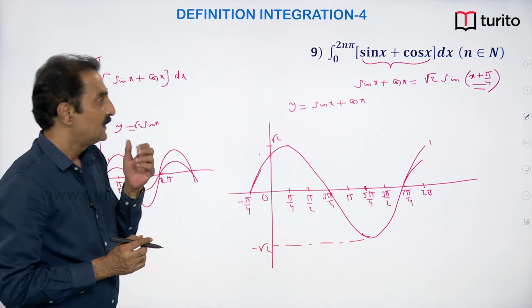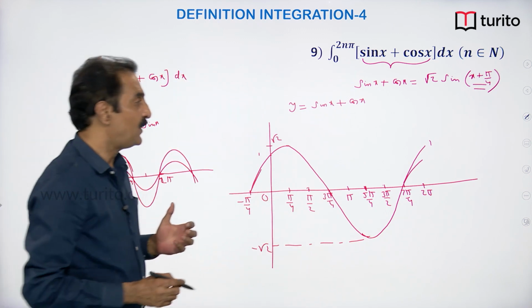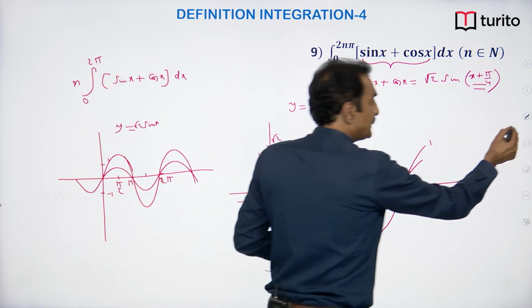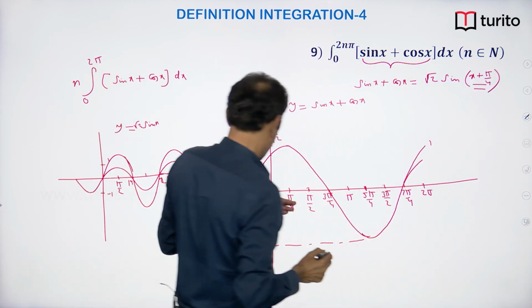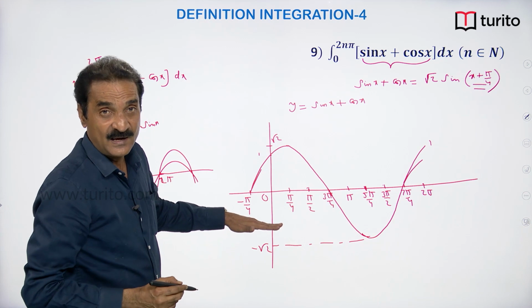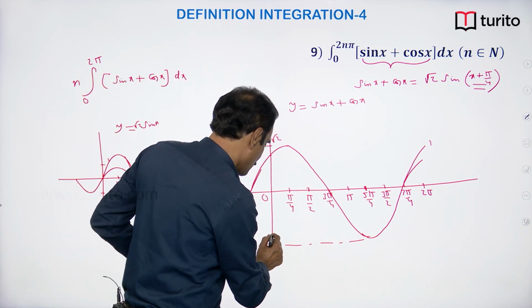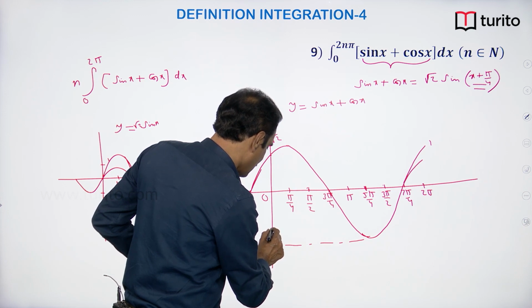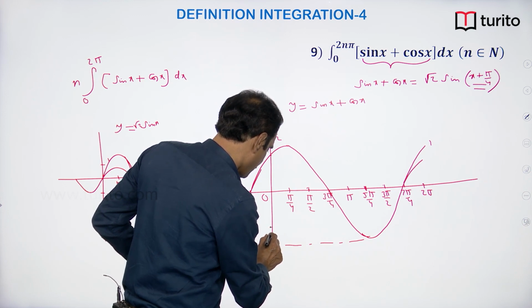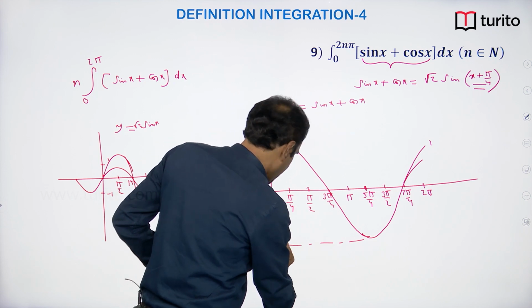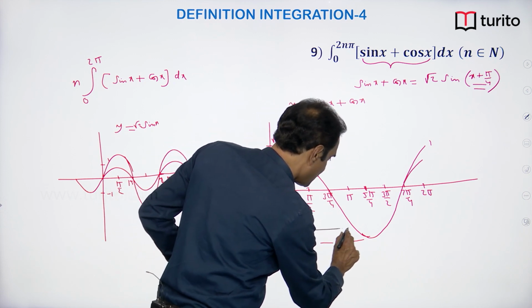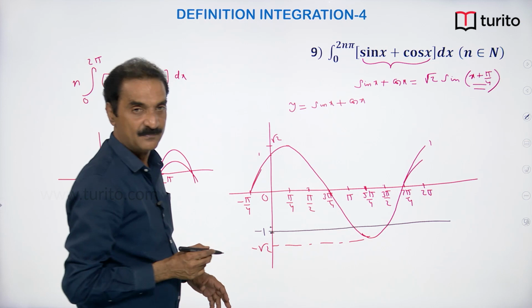Now to find out its integral part, what we do is draw the lines at integral values of y. This is minus root 2, next comes minus 1. At minus 1, draw a horizontal line.